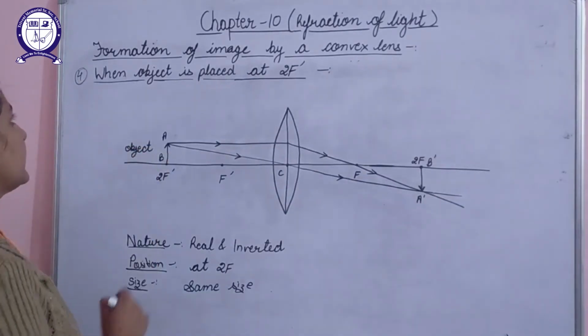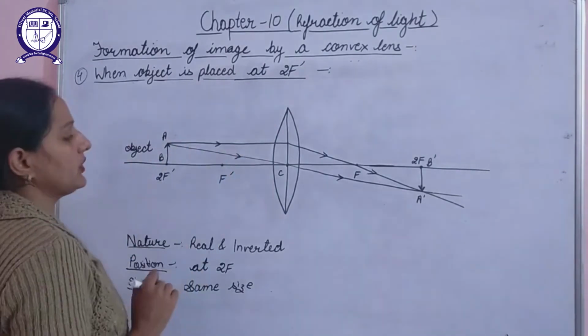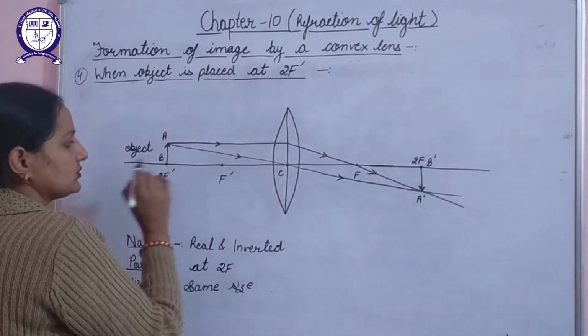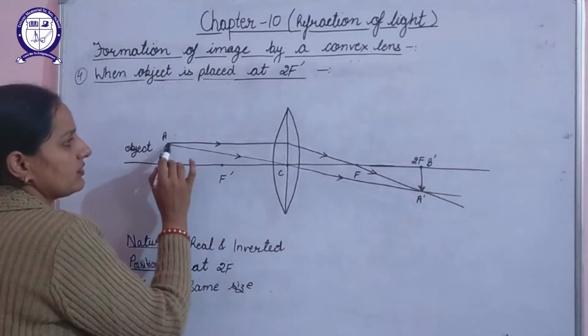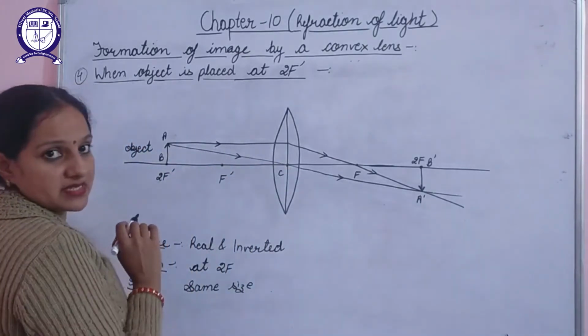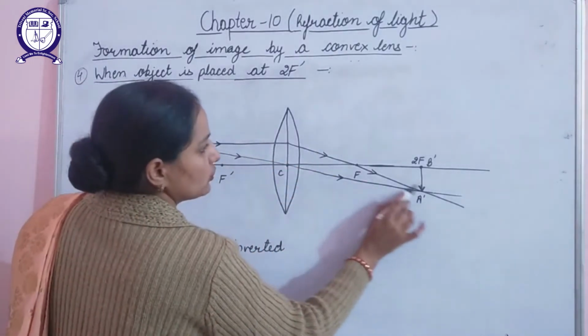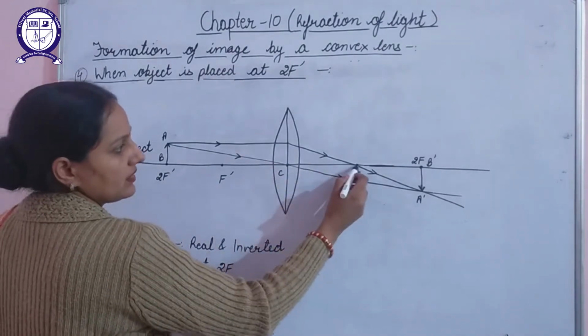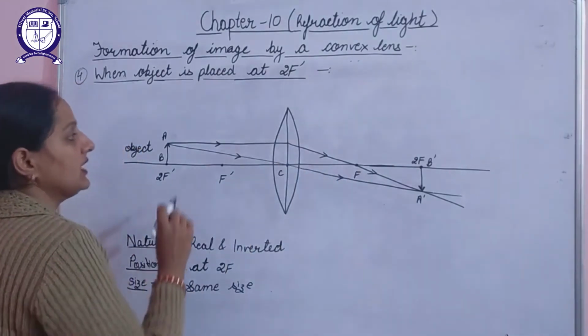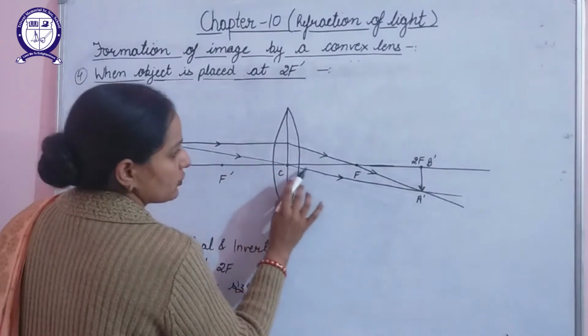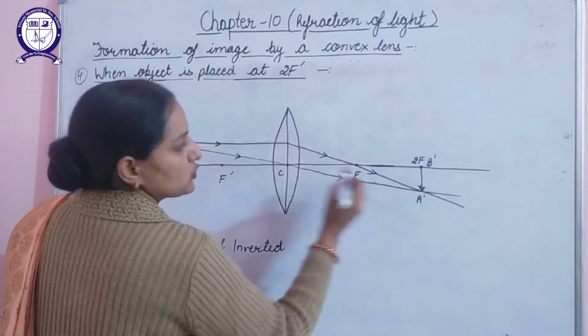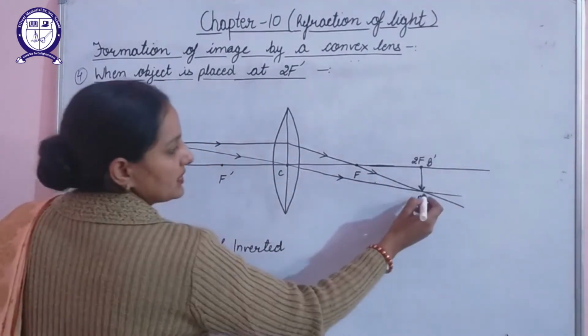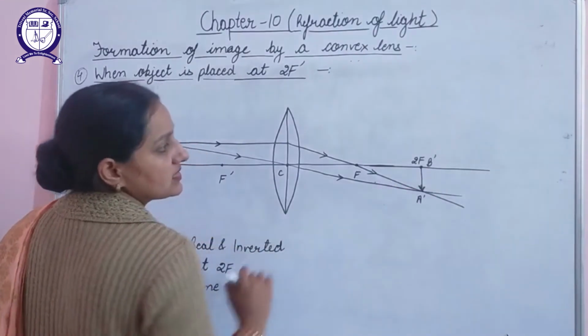Next, fourth case, when object is placed at 2f dash. So if we place our object at 2f dash, one ray of light will be parallel to principal axis. So this ray of light will pass through focus. I need not explain again and again why it will pass through focus. Second ray of light is passing through optical center. So these two refracted rays of light are meeting at this point, that is at 2f dash.